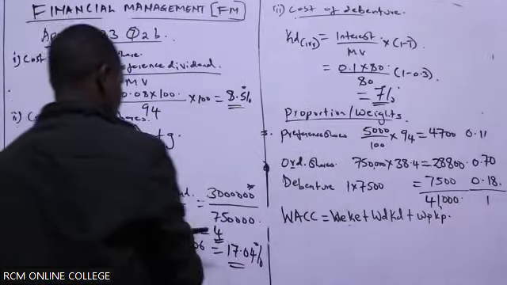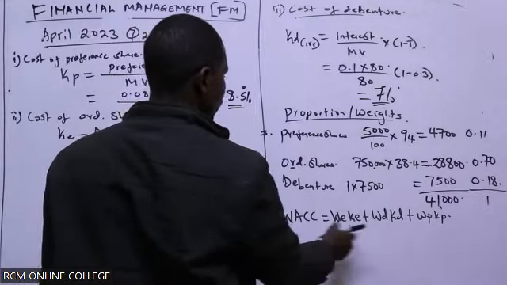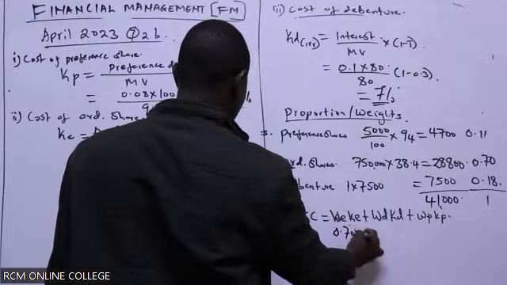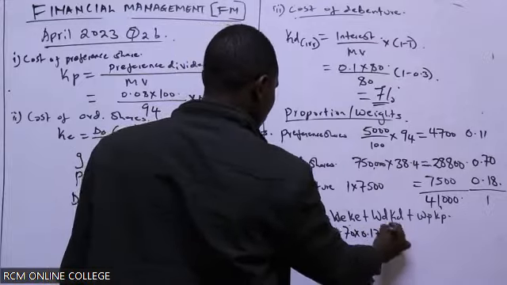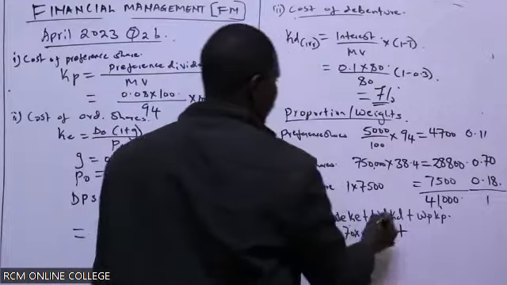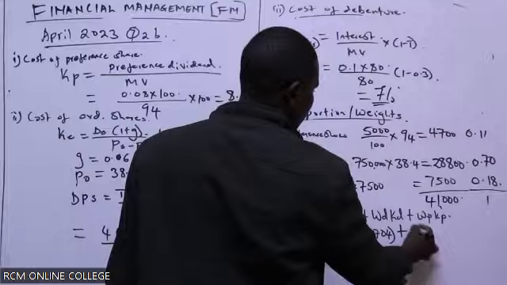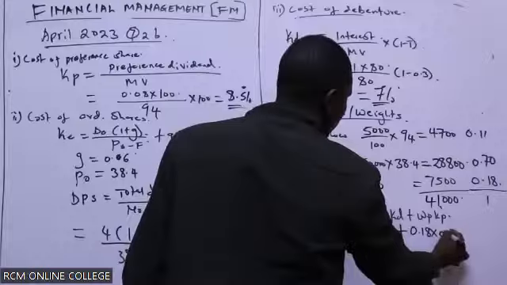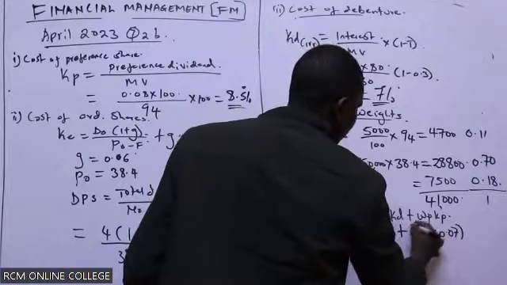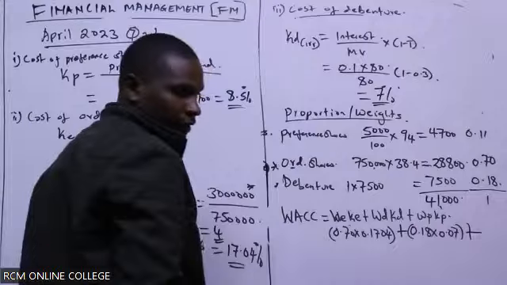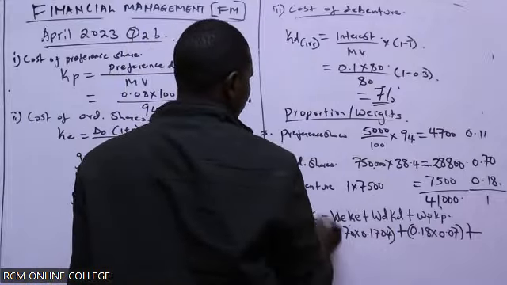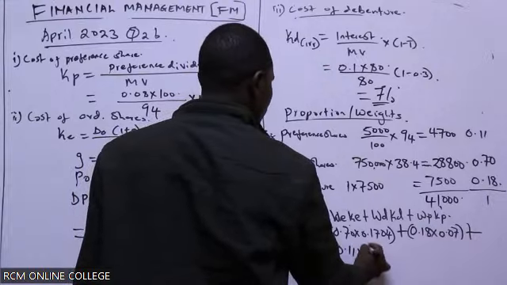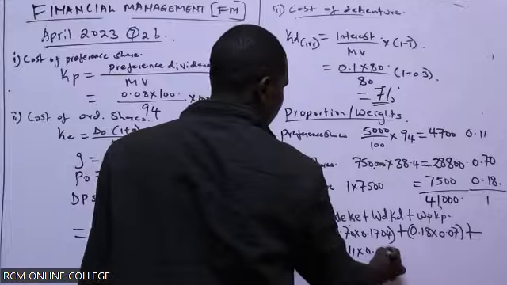Weight of equity iko wapi sasa? 0.70 times 0.1704 plus weight of debt iko wapi? 0.18 times cost of debt 0.07, plus twende kwa hii ya mwisho. Preference share ndio hii: 0.11 times 0.085.